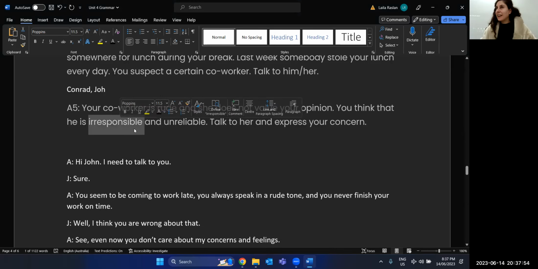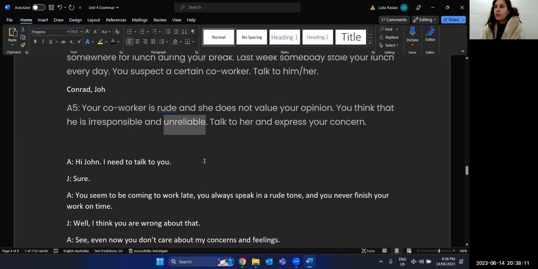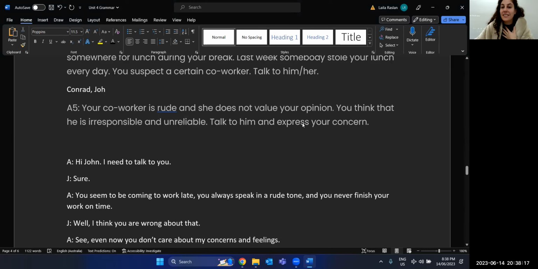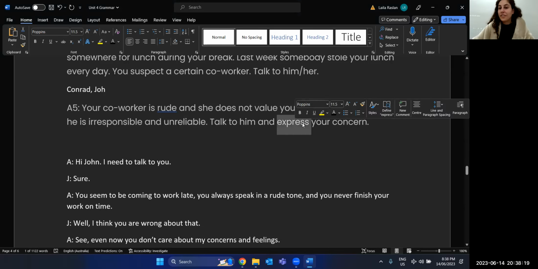Irresponsible means he doesn't care, you know. Maybe, for example, you must put the pen here. He doesn't care. He's just putting the pen anywhere. Or you must keep your desk tidy. He doesn't care. He's messy. And unreliable. I tell you to finish the job at 2 o'clock, and it's not finished. So you need to talk to him and express your feelings, your concerns.